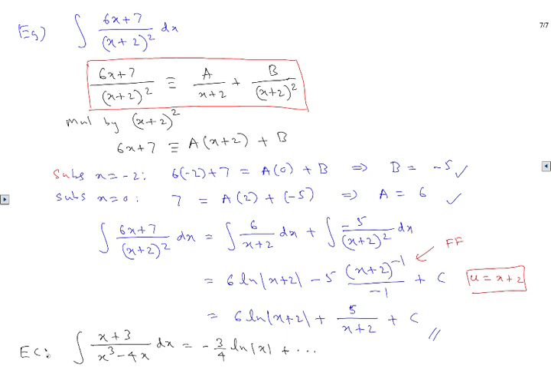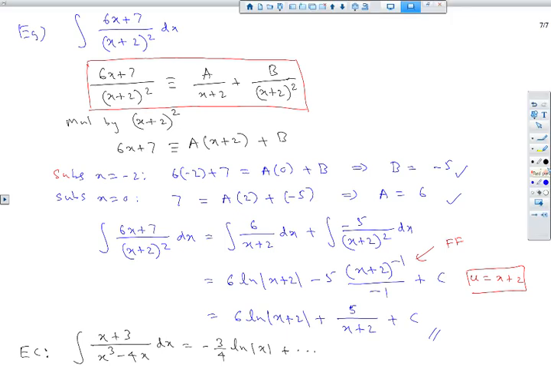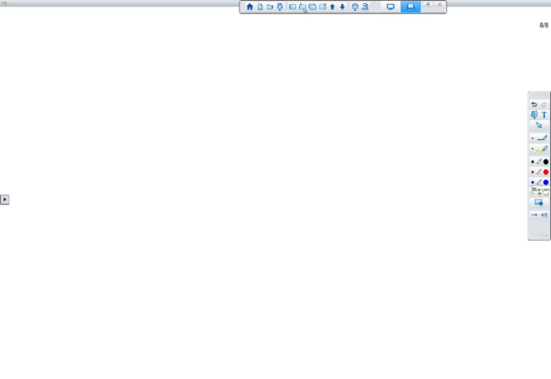So let's do a problem with 3 repeating factors. It's the same thing, but let's do one more problem just to see how things are going. I'm going to do 2 more examples. The next one is 6x plus 7 over x plus 2 cube.